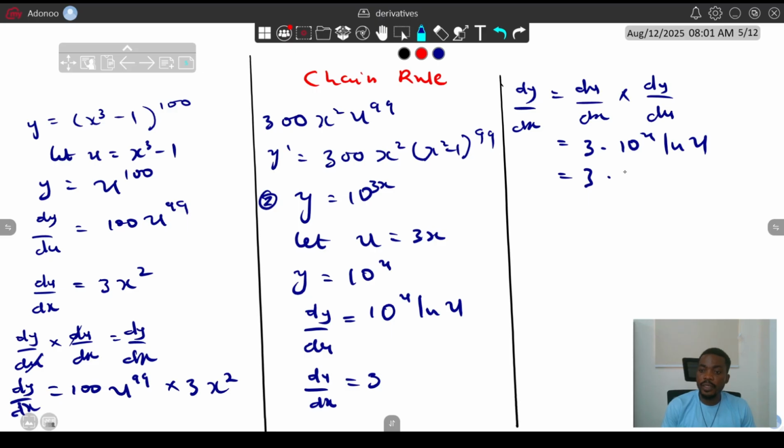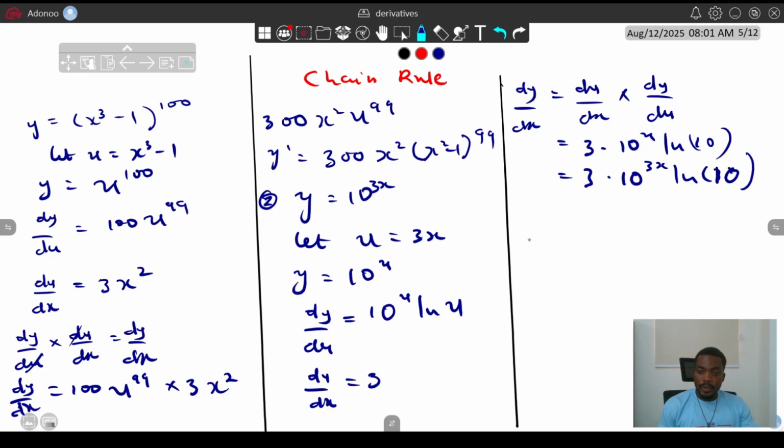So we have 3 times 10 raised to the power 3x ln 10. I made a mistake earlier, so it's ln 10, okay? Sorry if I've confused you. All right, so that is it.